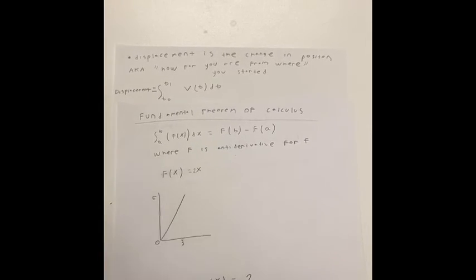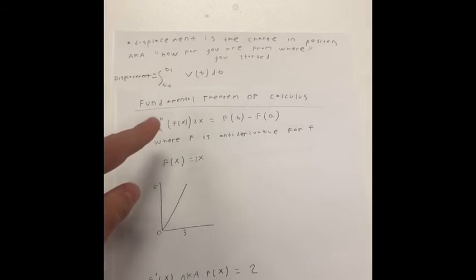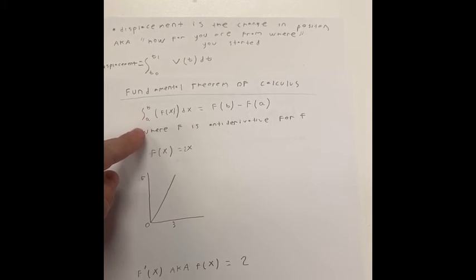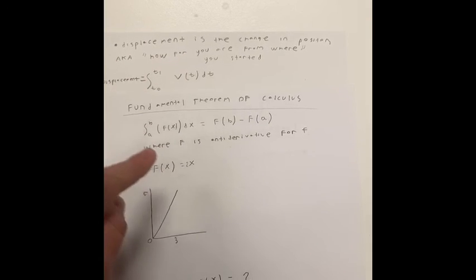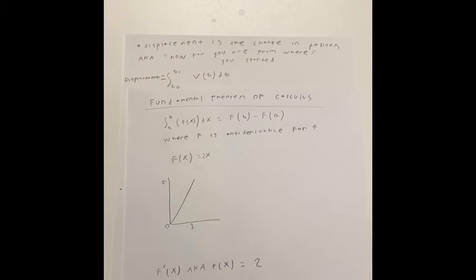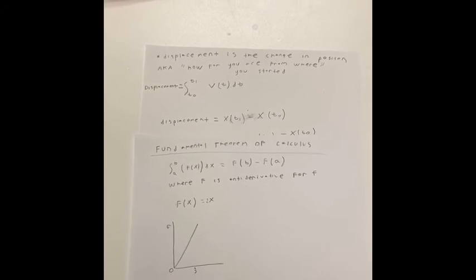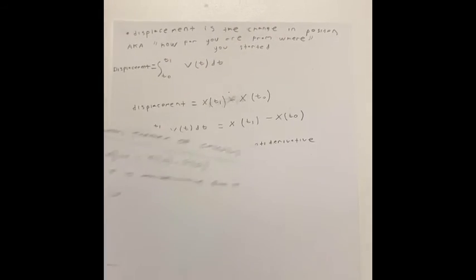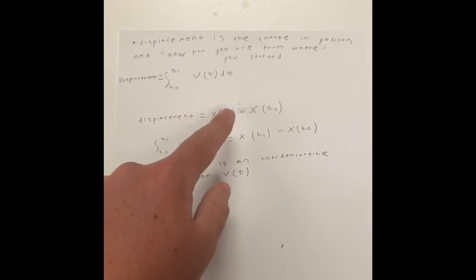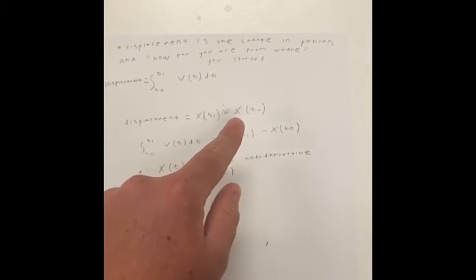So basically what we learned in the fundamental theorem, this is the same kind of setup, an initial to an end point. This is just v of t, this was lowercase f of x. So displacement in reality is just this final x minus its initial x.